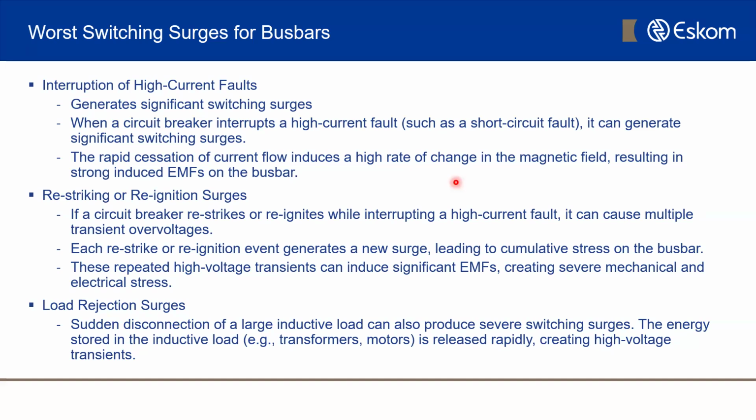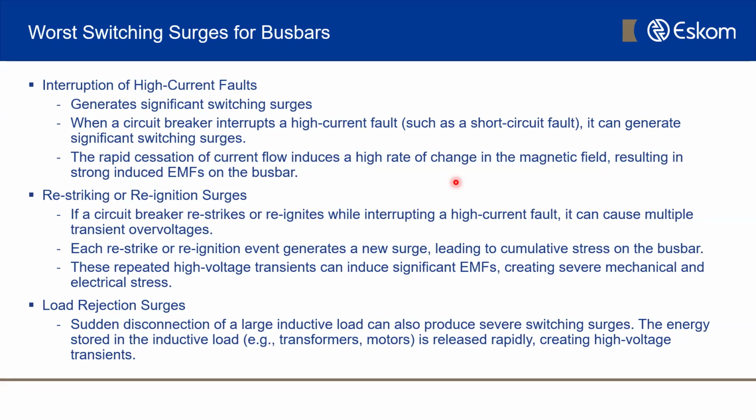Okay, so the restriking and reignition surges, so it's very similar to the first one. However, certain circuit breakers, they open and then they close. The reason they close is that it might have been a fault that it read incorrectly. So it closes to confirm if there is a fault, and when it closes and the fault is still there, it will open again, and that's why it's called restriking or reignition surges.